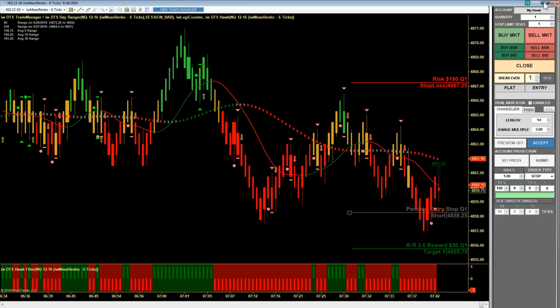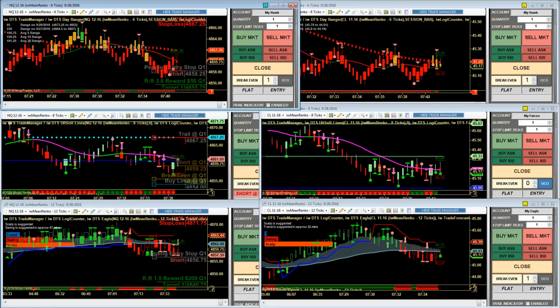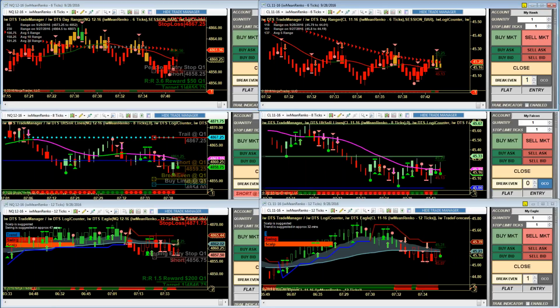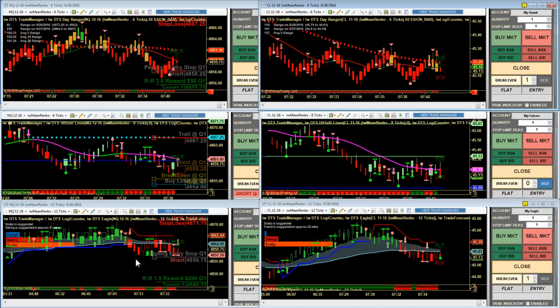So a few things here on the NASDAQ, looking a little bit more bearish. We'll see whether or not that gives us any follow through though, or if the buyers are going to continue to dig in around these lows.